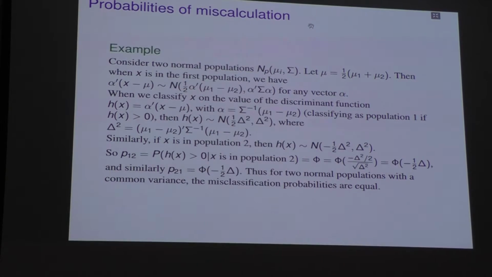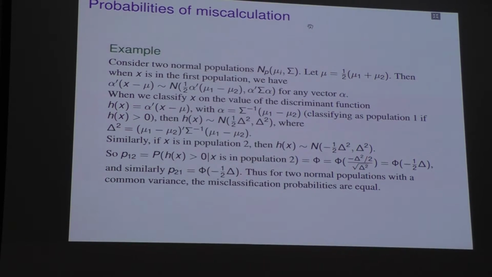Well, now we can read off our misclassification probability. So let's imagine that x is in population 2. We're going to classify it as being in population 1 if the discriminant function is positive. That's our rule. So it would be classified as being in population 1 if h of x is positive. And so we're asking for h of x to be positive, but x is in population 2.